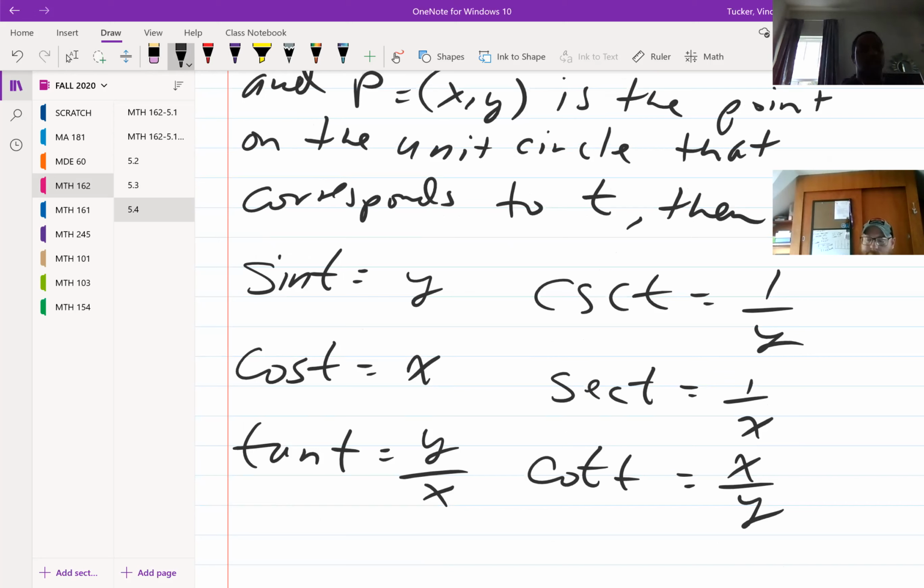Cosecant, secant, and cotangent are the inverses. And so the key to this versus what we dealt with up to this point is that P is the point on the unit circle. And that didn't have to occur in the other ones.